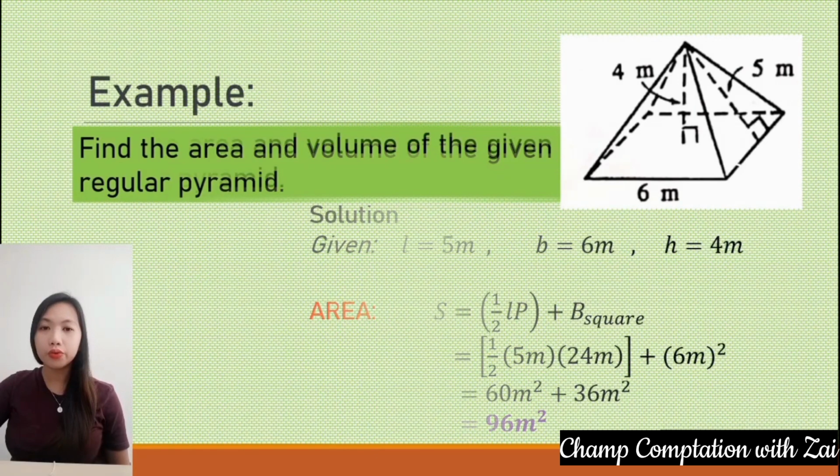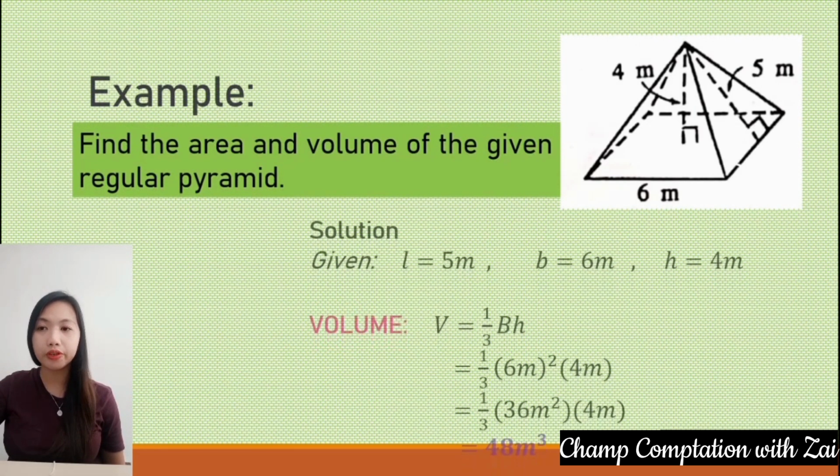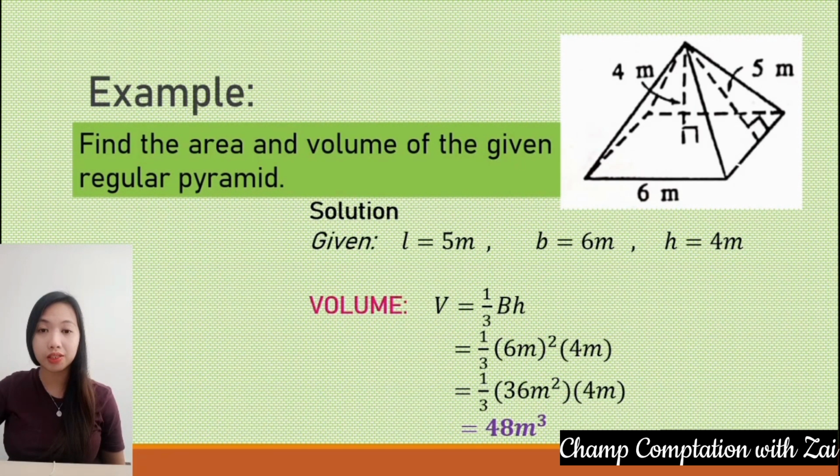For the volume, the formula is 1/3 base times height. Same givens. Substituting the values, we have 1/3 times 6 meters squared, multiplied by 4 meters, which is 1/3 times 36 square meters times 4 meters, equal to 48 cubic meters.